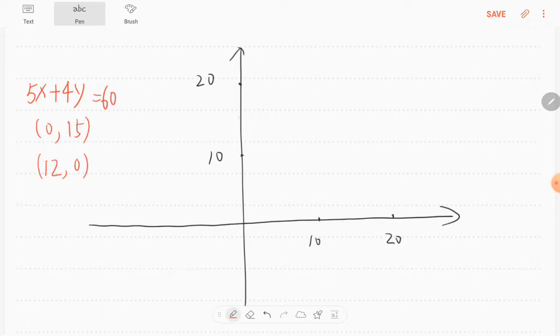So this is 15. This is 1, 2, 3, 4. So this is 12. 12, 15 is here. This is the 15, so this is the point 0, 15.